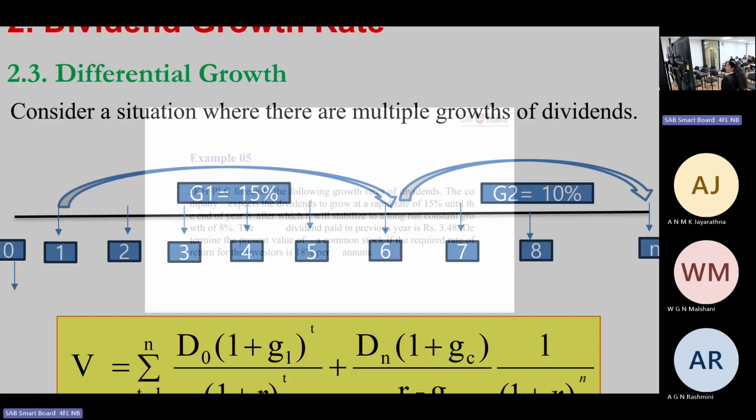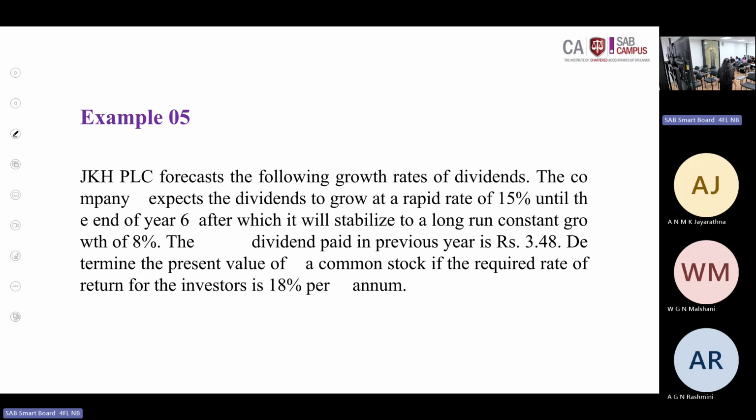All right. Example number 5. First, draw this one in a timeline.